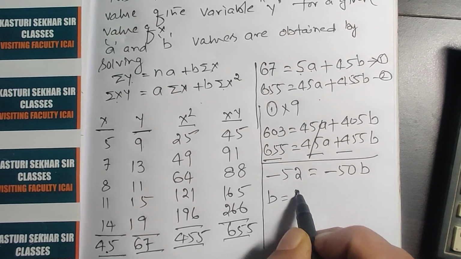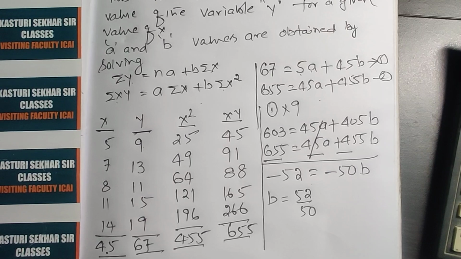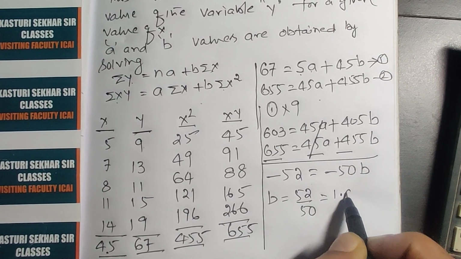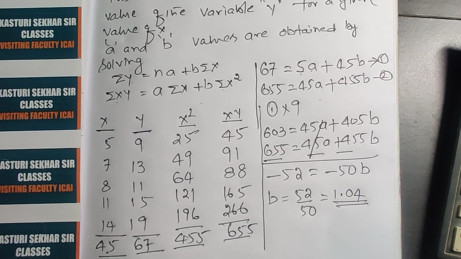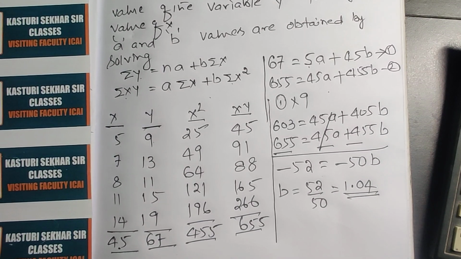B is equal to 52 divided by 50. It is 1.04. B value is obtained as 1.04.